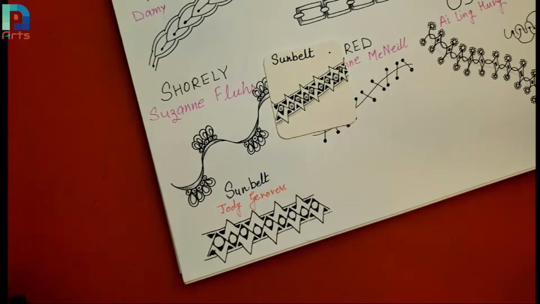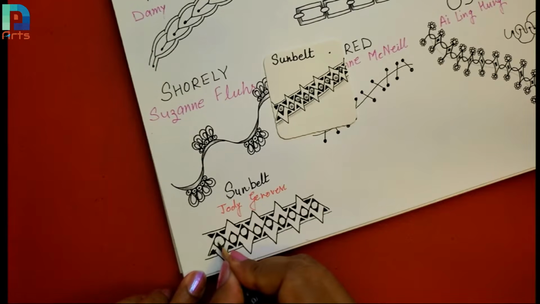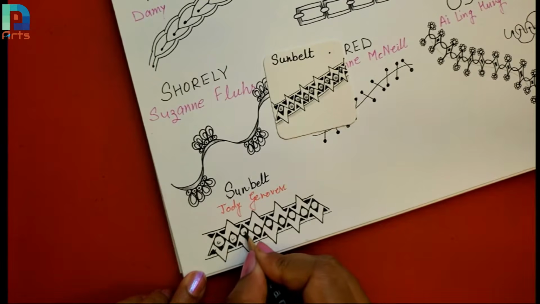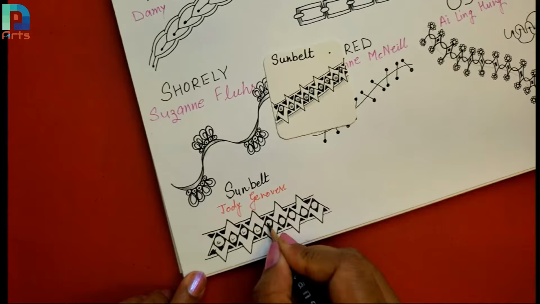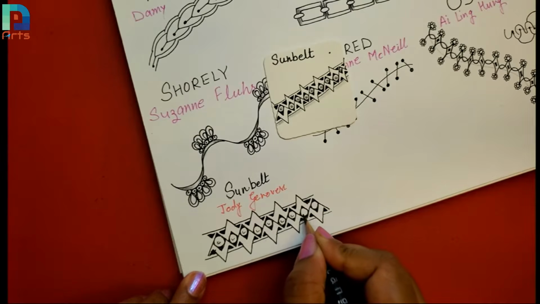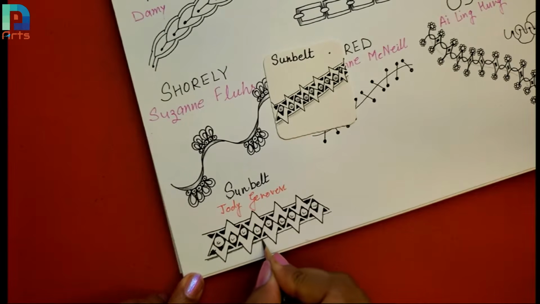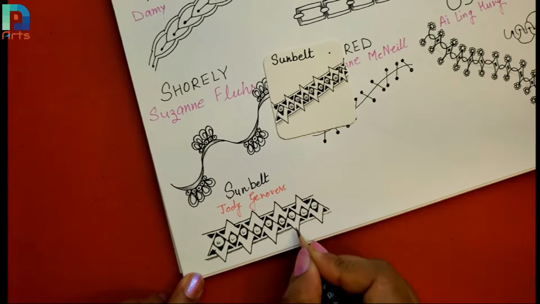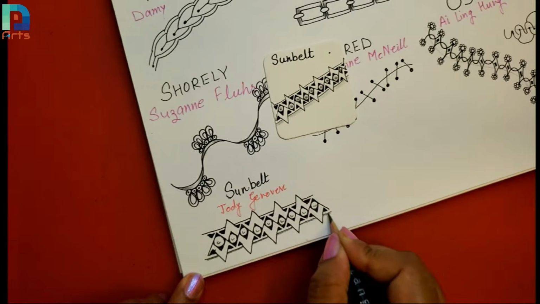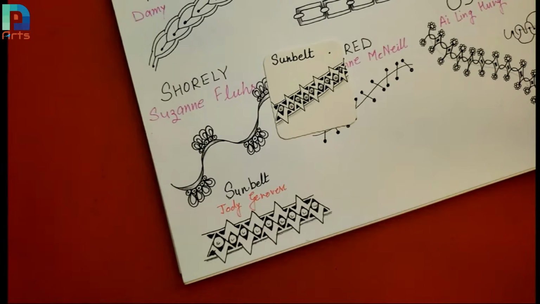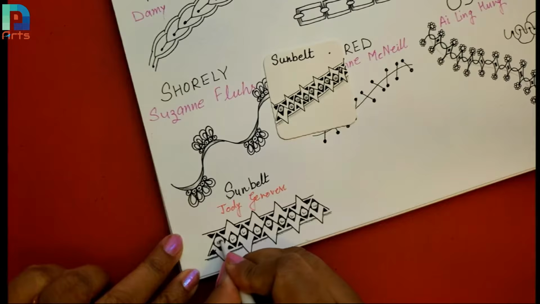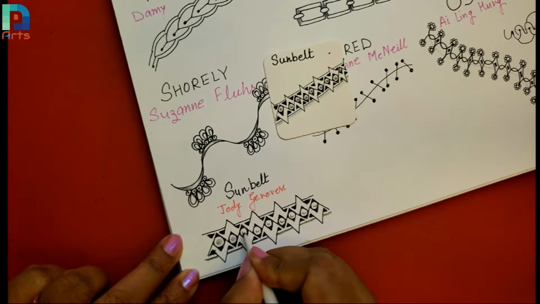There are various ways of shading. We can just give a little shading, little arc kind of shading in these circles, or maybe a little shading in the bottom part of this band.